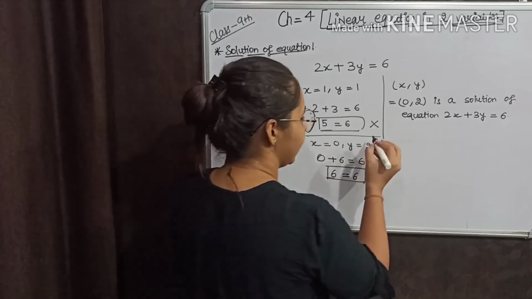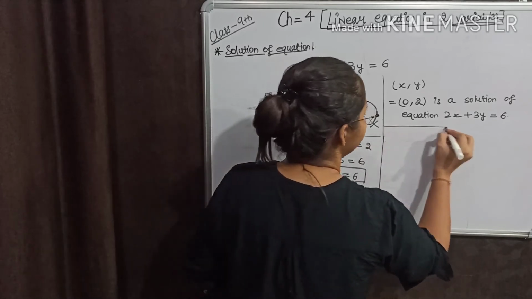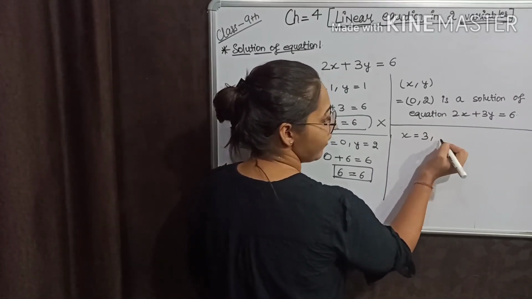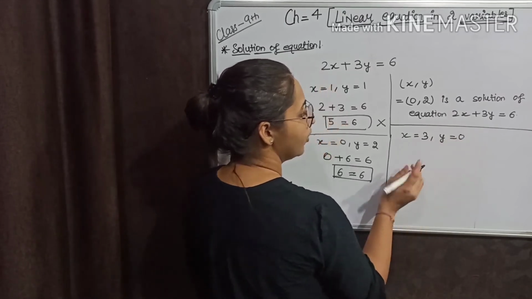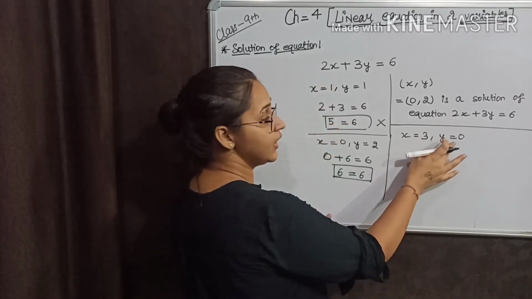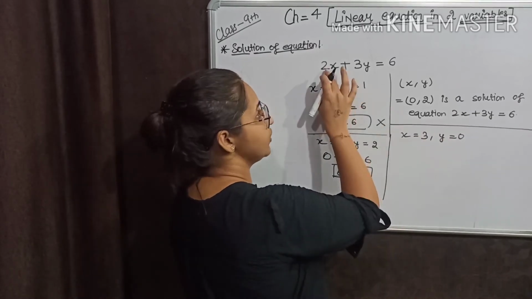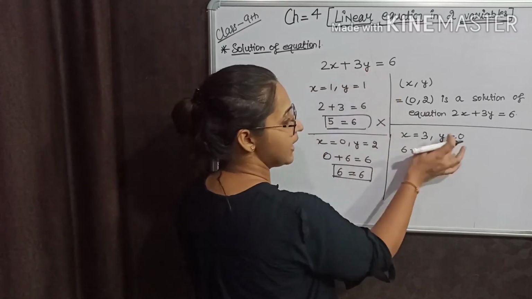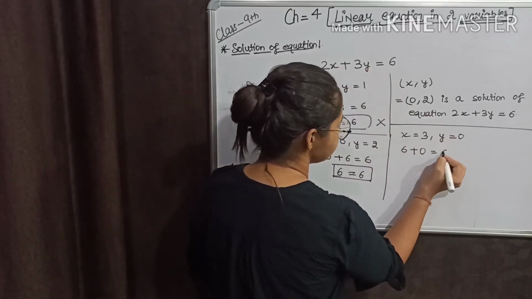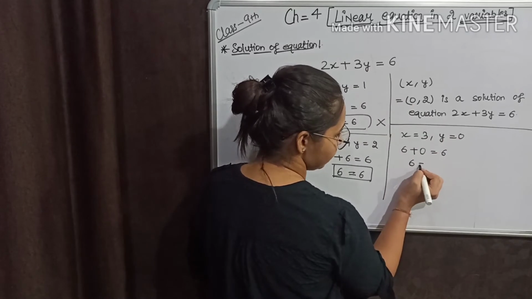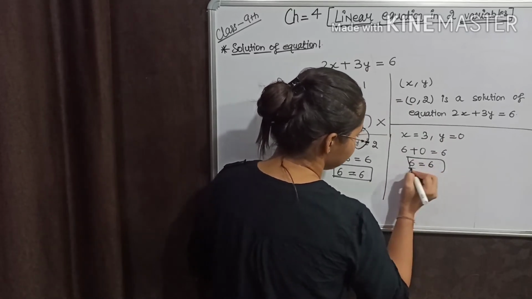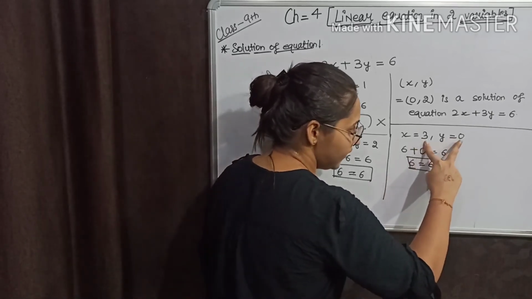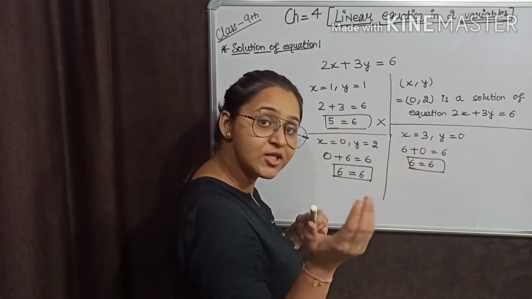Now, is there only one solution or are there other solutions? Let us find. If I put x is equal to 3 and y is equal to 0, 2 multiply 3 will give you 6, plus 3 multiply 0 will give you 0, is equal to 6. 6 plus 0 is equal to 6. So both sides are equal. So you find that x is equal to 3 and y is equal to 0 is also satisfying our equation.